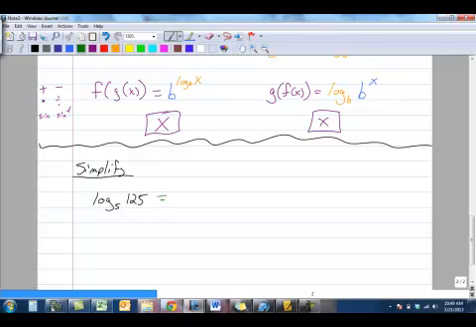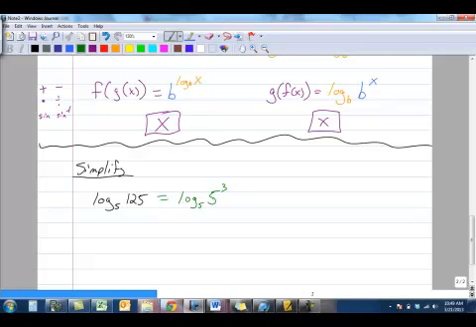However, this goes back to last chapter. Remember we said that if you can rewrite the base, do it? What's another way to write 125? Another way to write 125 is 5 to the third power. Right? So, what is log base 5 of 5 to the third power?